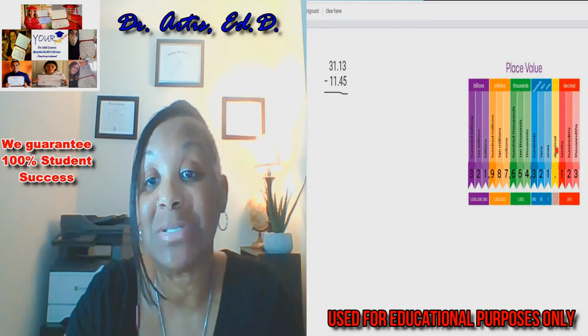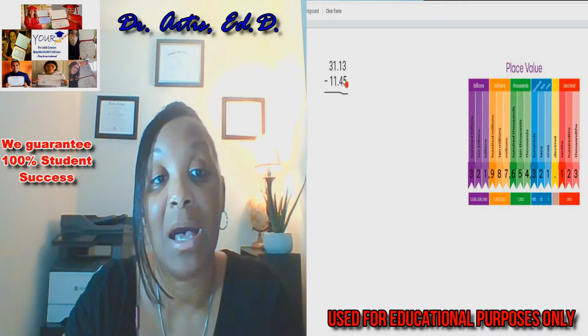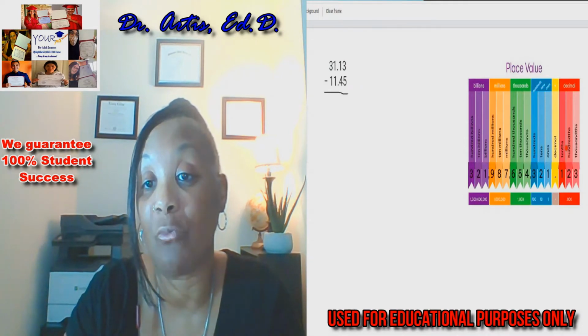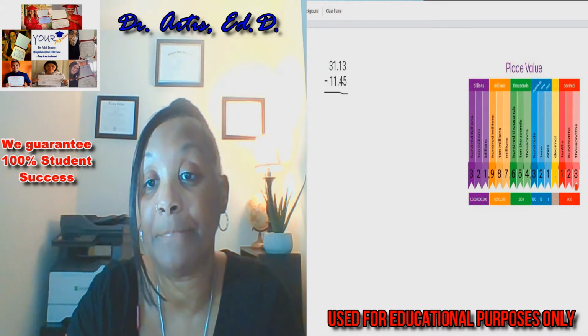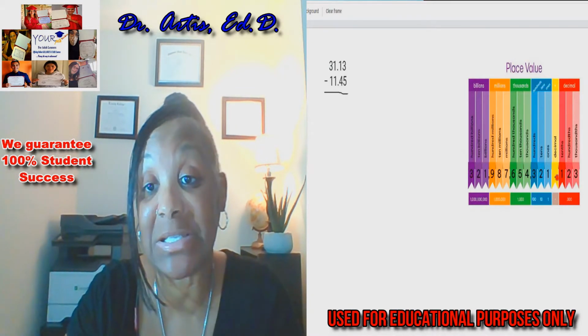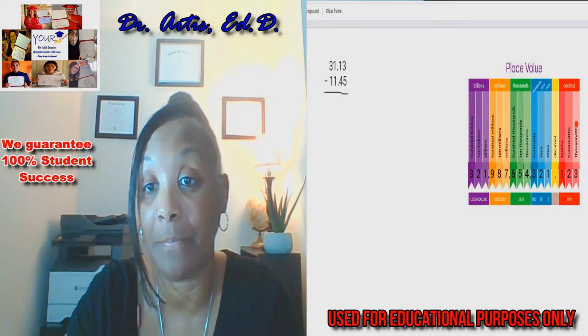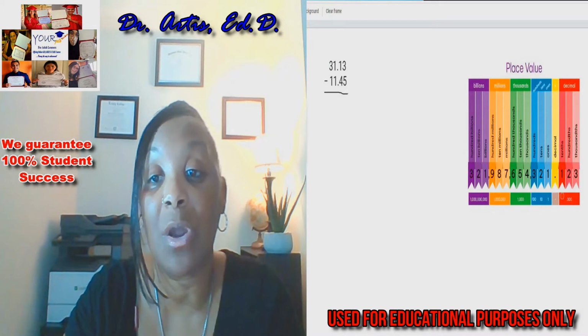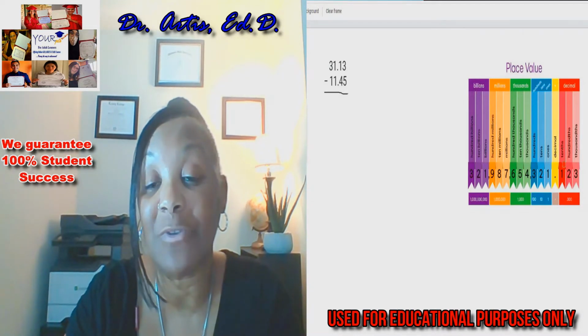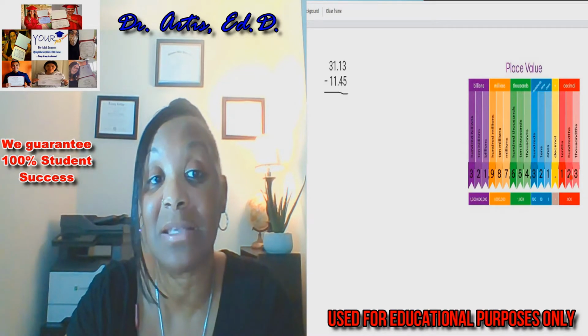The numbers directly behind the decimal will be referred to as your tenths column. The next row will be referred to as your hundredths column. And if you had 3 digits behind the decimal, they will be referred to as your thousandths column, okay? So we're only going to be referencing the tenths column and the hundredths column in this case.